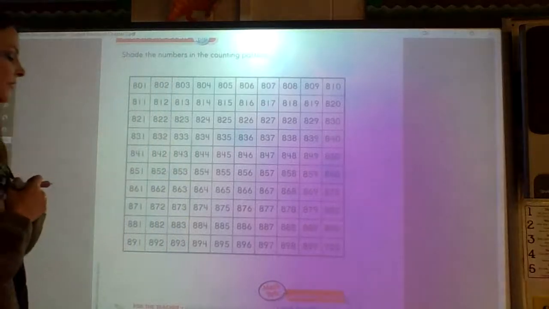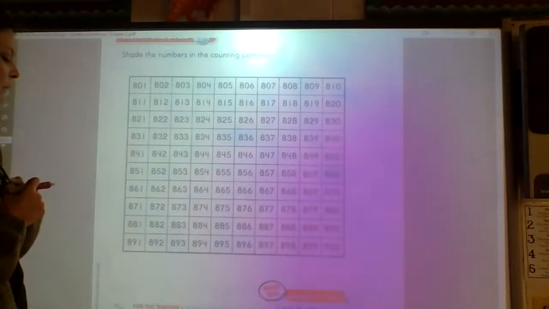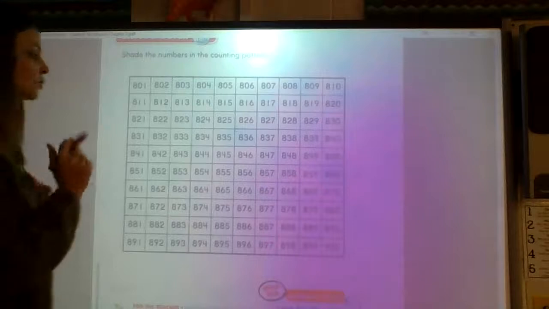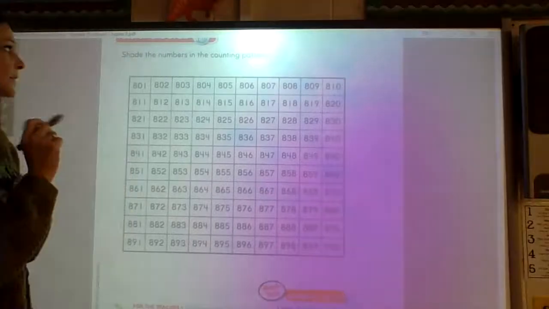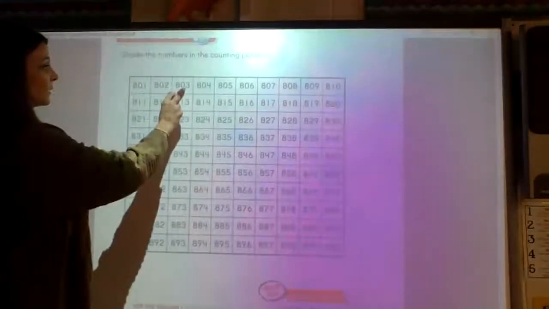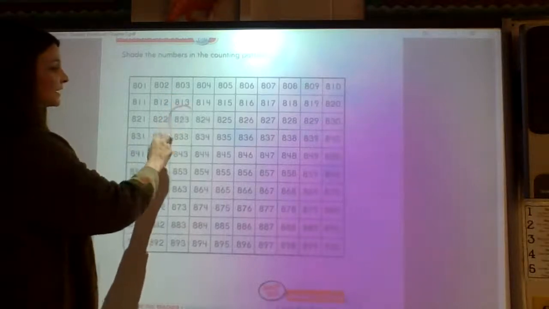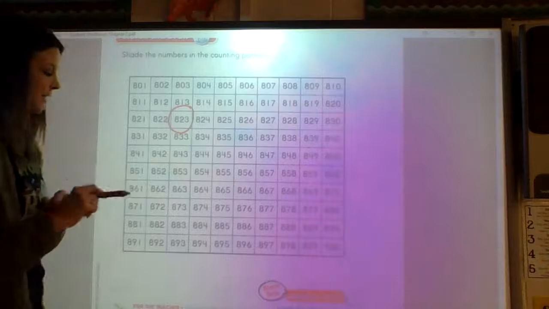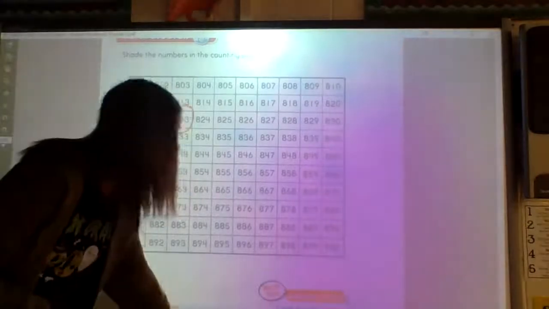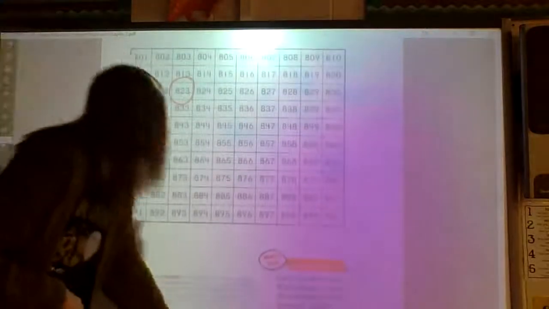At Blossom Bakery, 823 muffins were sold in the morning. So 823. So I see my 3s, so I'm going to follow them down to 823. Now, we're going to use this to help us solve the rest of our problem.